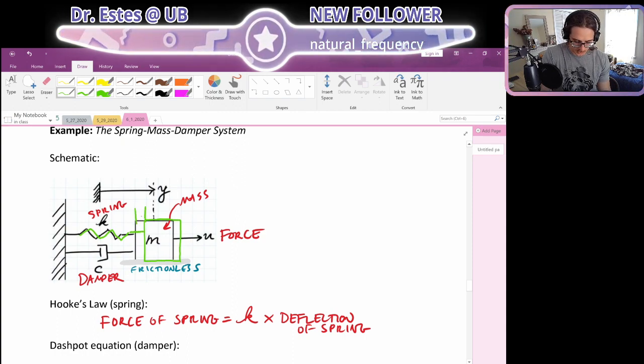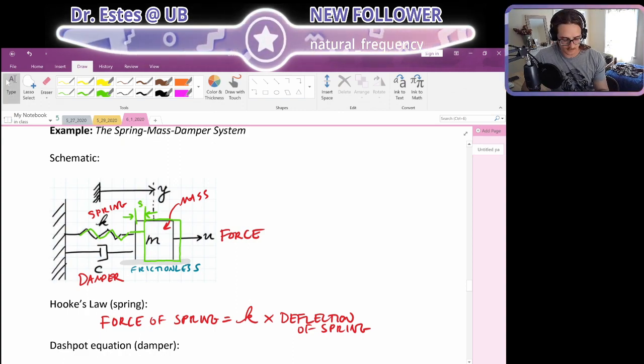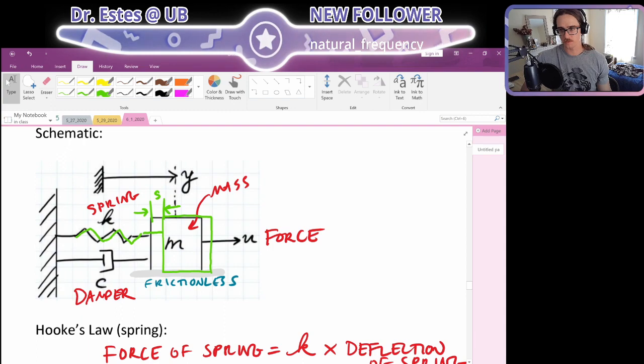And let's say we just moved it a distance, well, usually, let's just say it's S. I'm just getting confused over variables here.